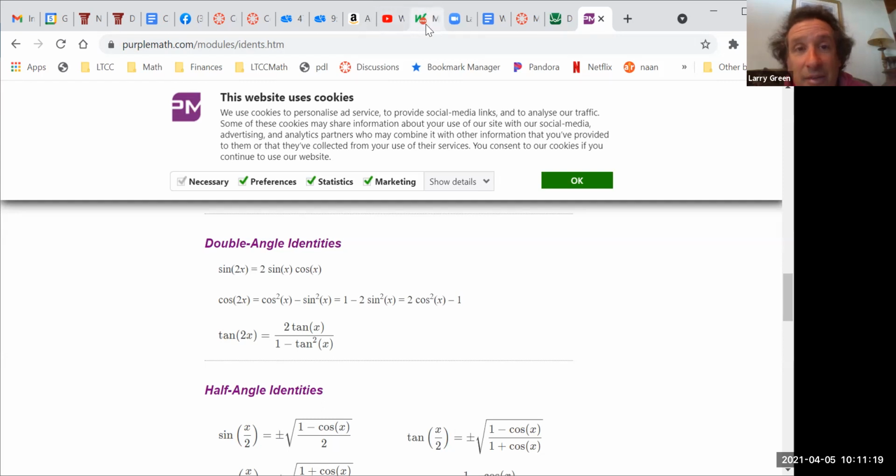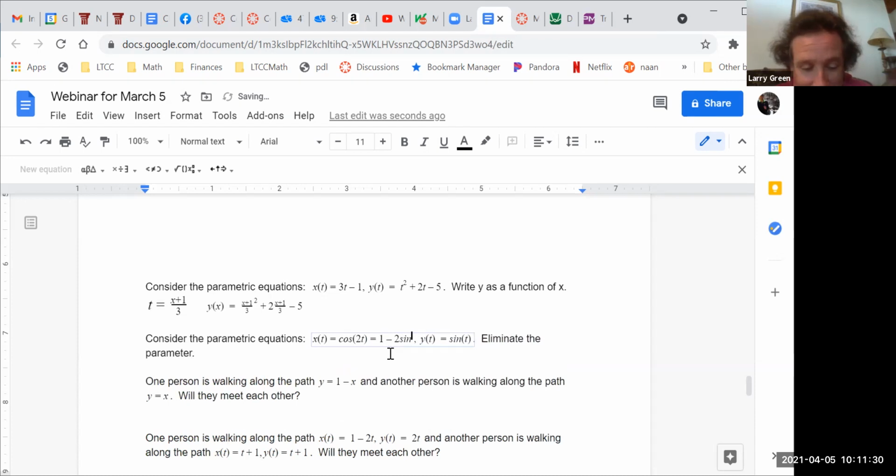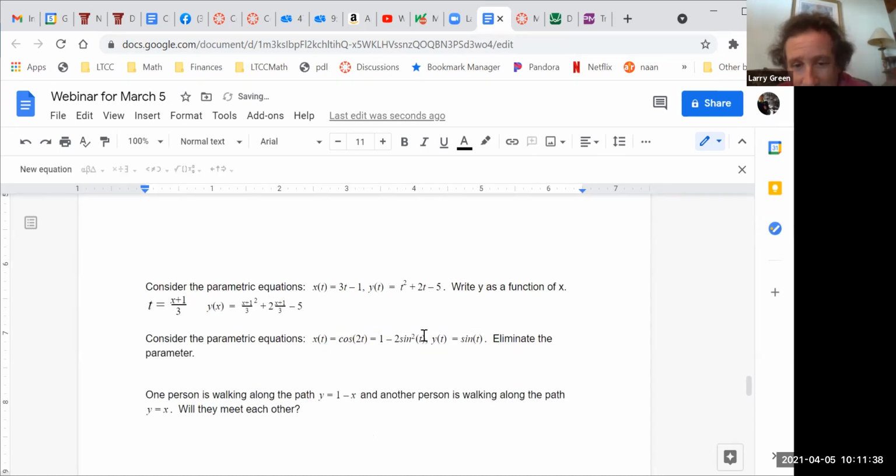So that's all we have to do. 1 minus 2 sine squared of x, or 1 minus 2 sine squared, not of x anymore, of t. But y is sine of t. So where I see a sine squared of t, I can write that as y squared.